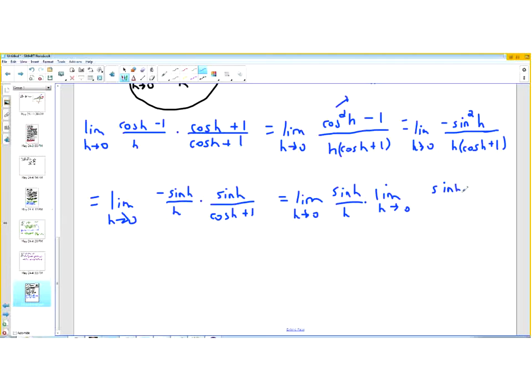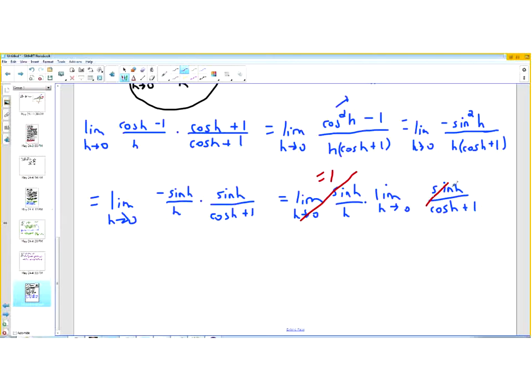Sine h over cosine h plus 1, and we know that this limit is 1. And this limit, well, 0 is in the domain of this rational function because the cosine of 0 is 1. 1 plus 1 is 2, so the denominator would equal 2 after direct substitution.